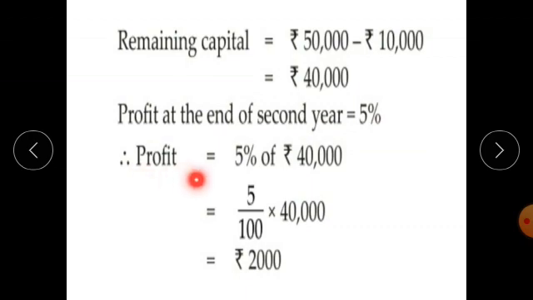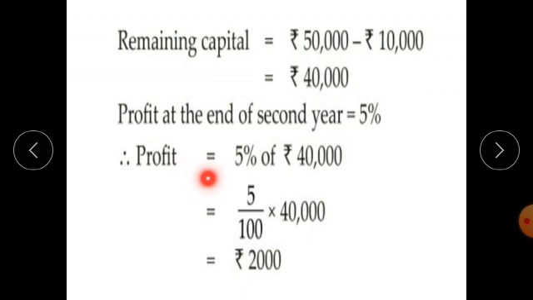So profit is 5% of this 40,000, because he invested the remaining capital in a new sweets business and made a profit of 5%. Remaining capital is 40,000, so he invested 40,000 in the sweet business and made a profit of 5%.